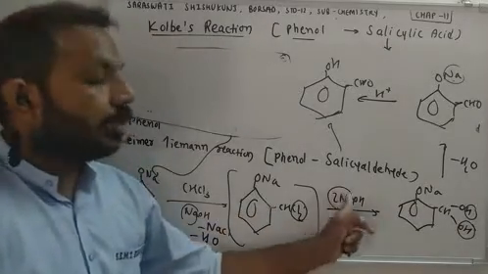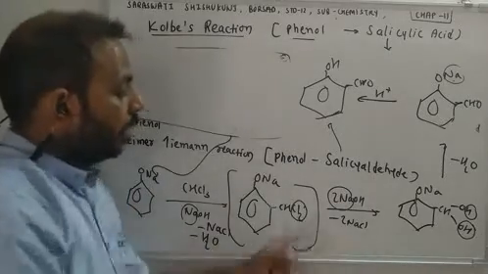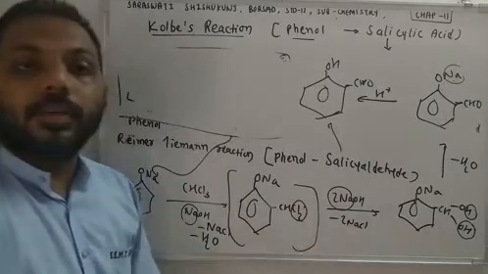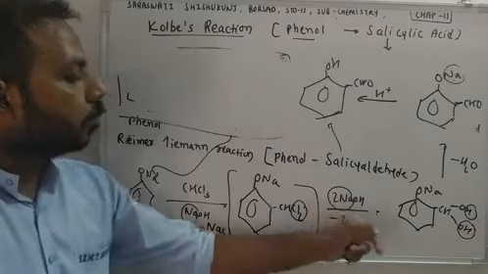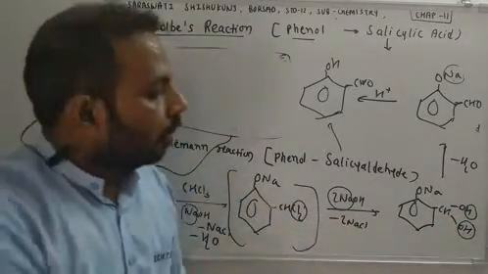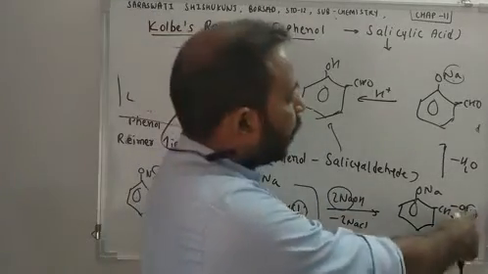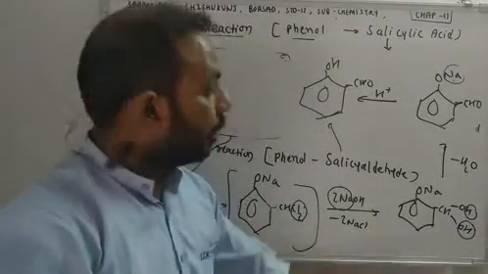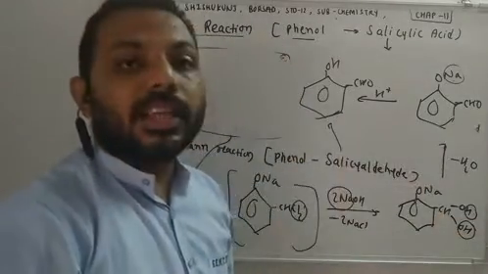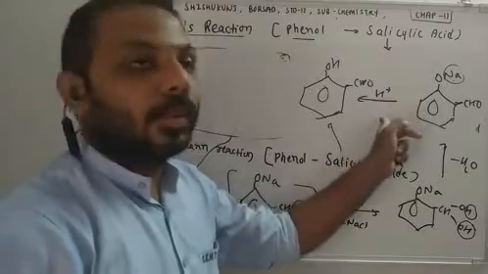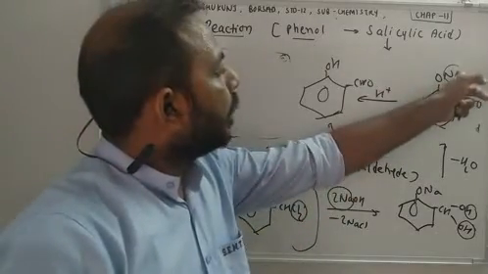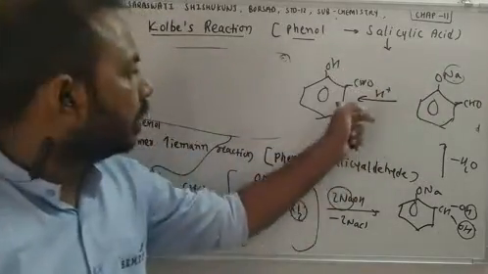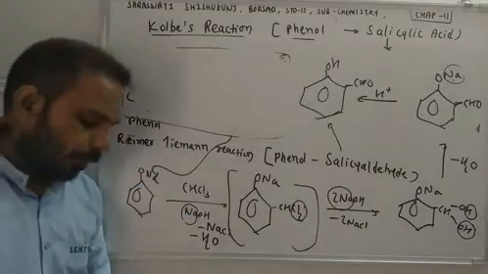It reacts with 2NaOH, so 2 Na plus and 2 Cl minus form 2 NaCl. What is left? 2 OH minus is left, at the same carbon. So OH minus from here and H plus from here will form H2O. What is left? CHO is left. Now the last step is the acidification step, so Na plus is replaced by H plus. So this is salicylaldehyde.